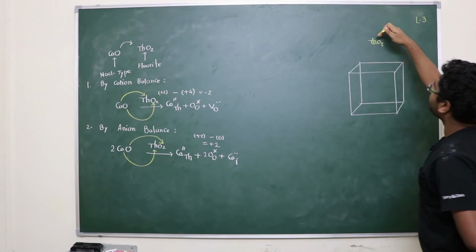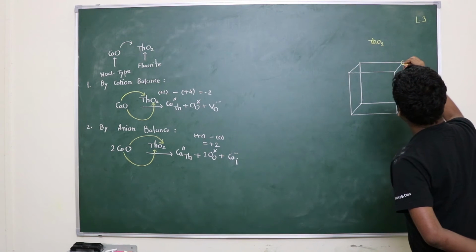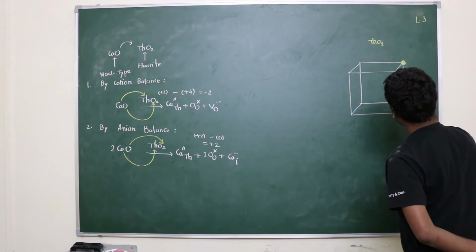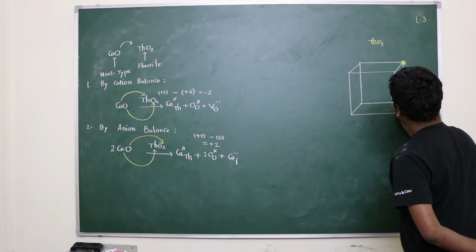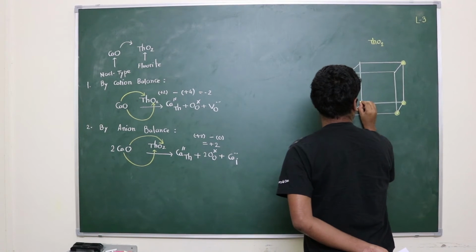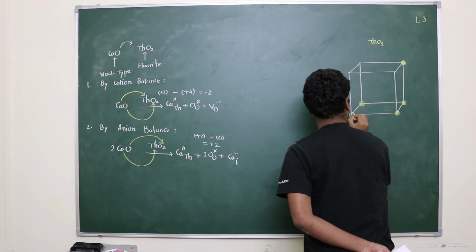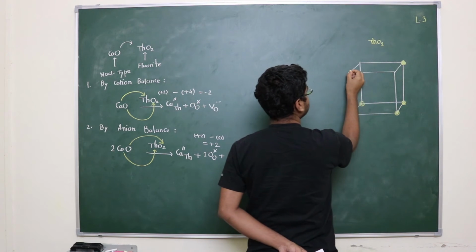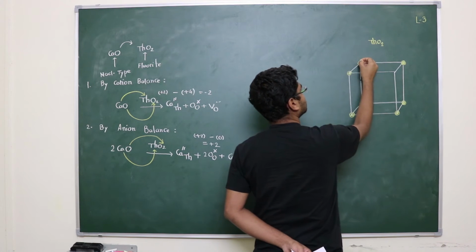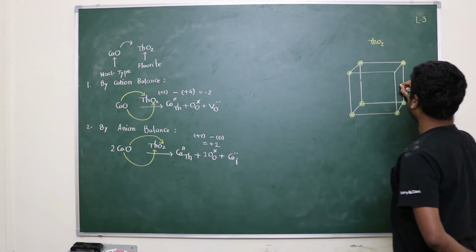Here cation is thorium, so the cations are sitting at corner and face centered as well.